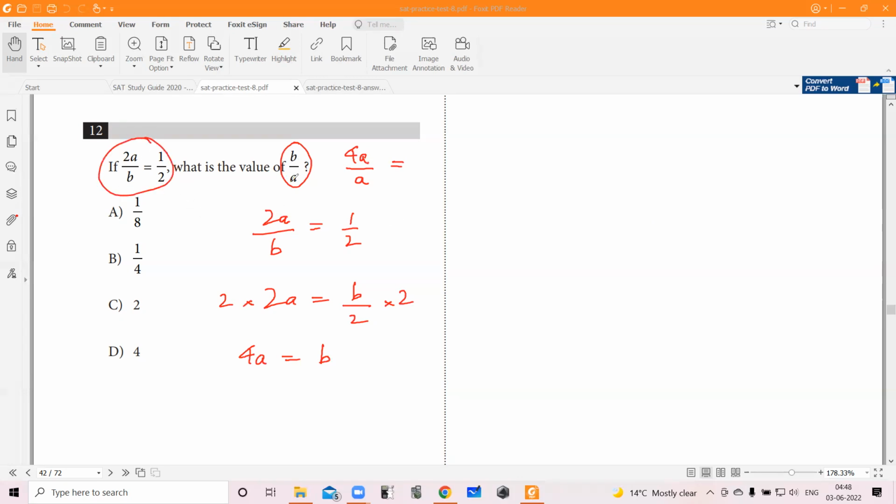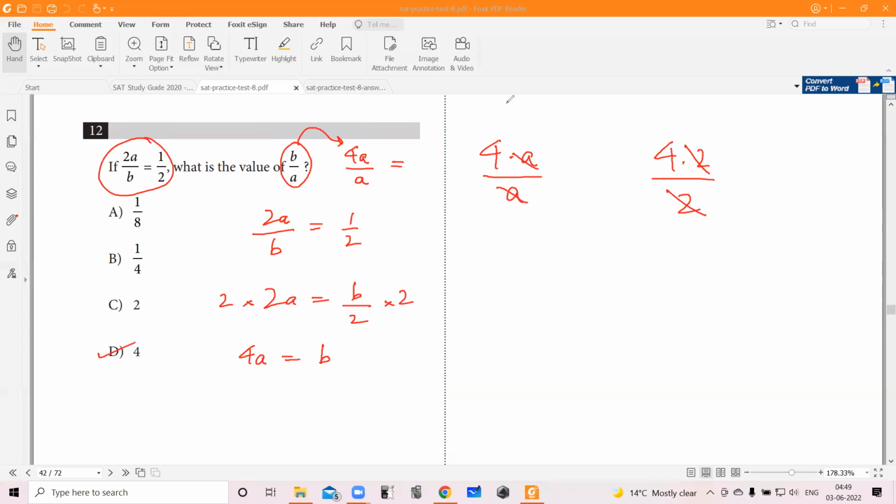We need b over a, and b is 4a. So 4a over a is how much? Don't you cancel a and a? It's as if it's like 4 times 2 divided by 2. So 2 and 2 will cancel out. So D, correct.